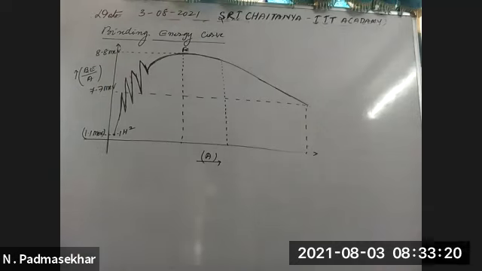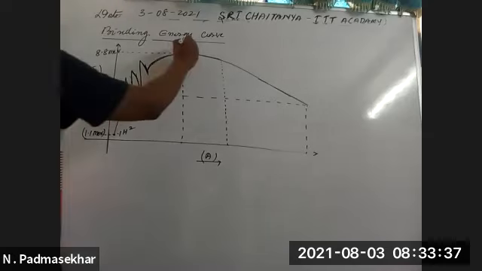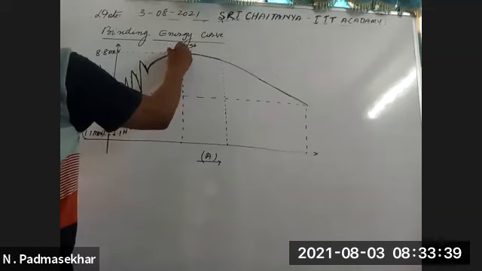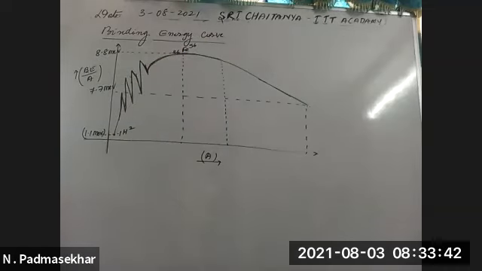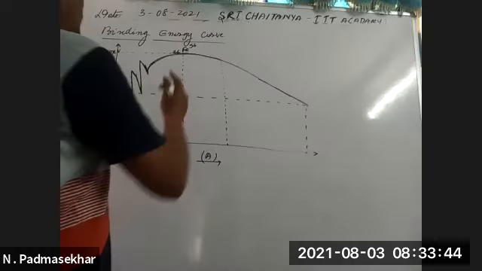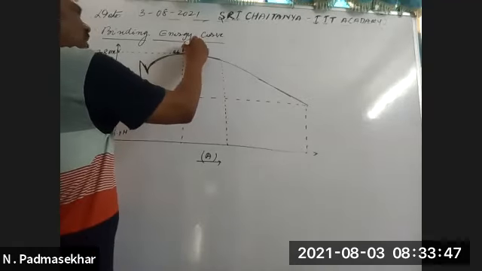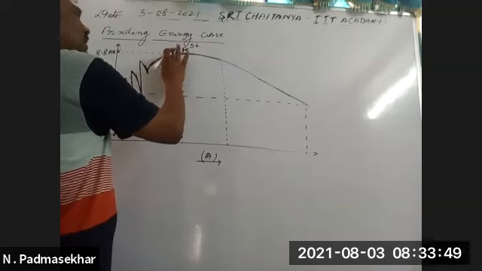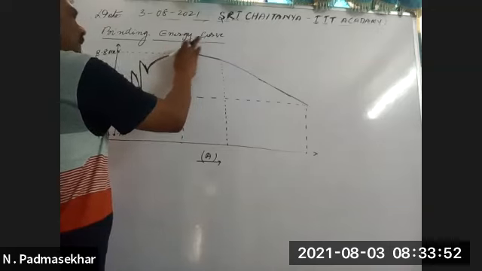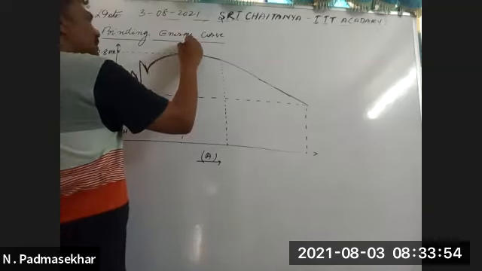So what is iron? Fe56, that is 26Fe56. This iron has more binding energy per nucleon. We know that more binding energy per nucleon means more stable.